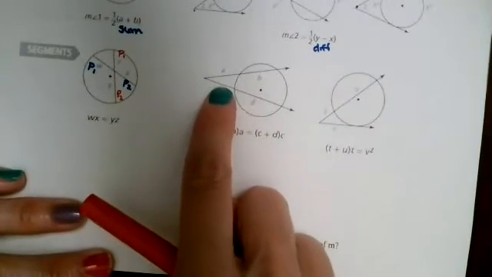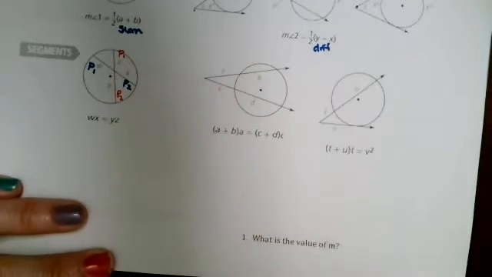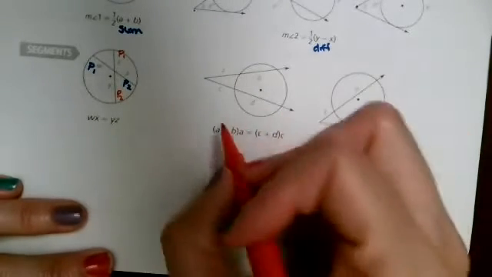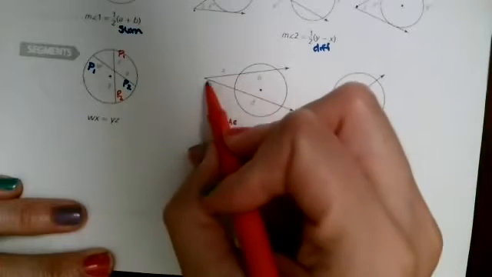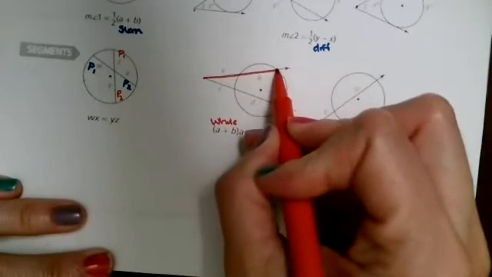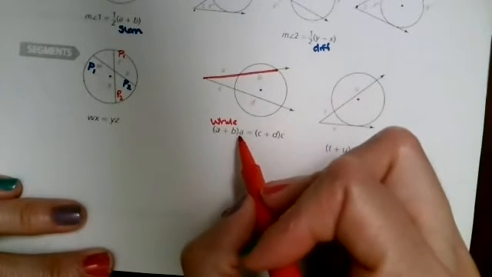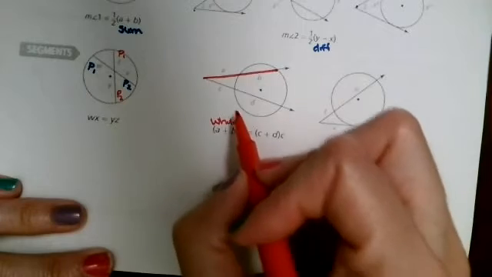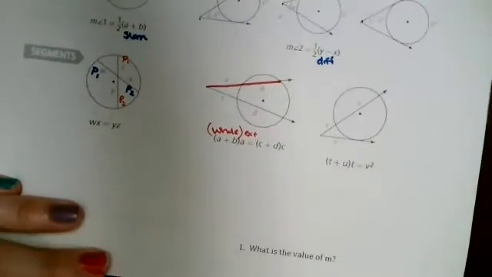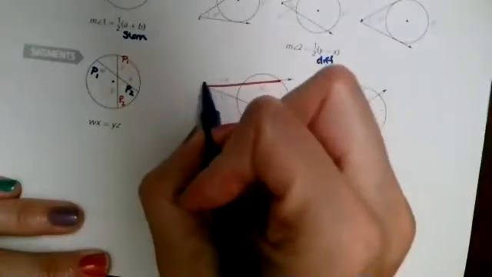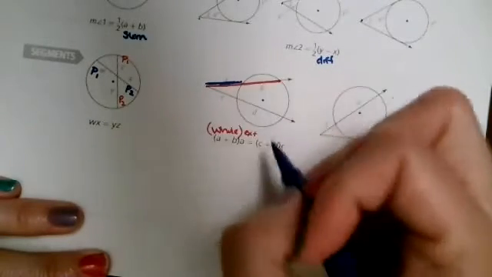When you have a secant and a secant, this is where you do the whole secant. So that's this whole thing times just the part on the outside, so the exterior. Okay, and the exterior is just this part here.